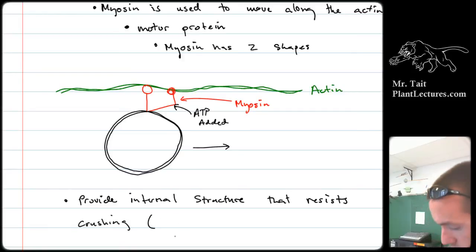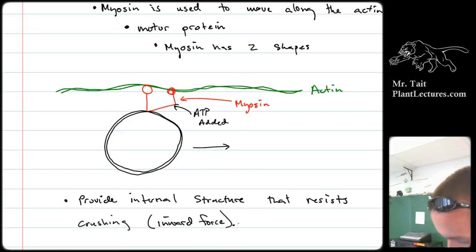And crushing force is referred to as inward force. Okay, so any pressure that's put inward on the cell is resisted by this internal structure here of microfilaments.